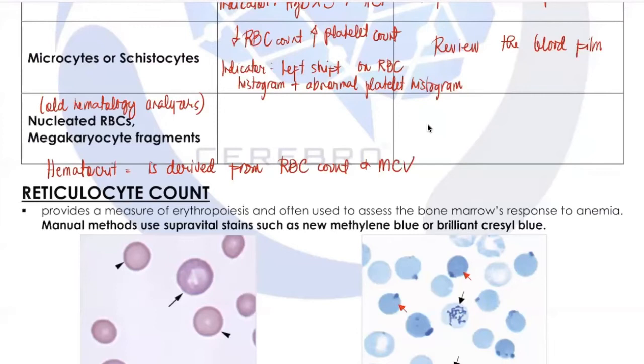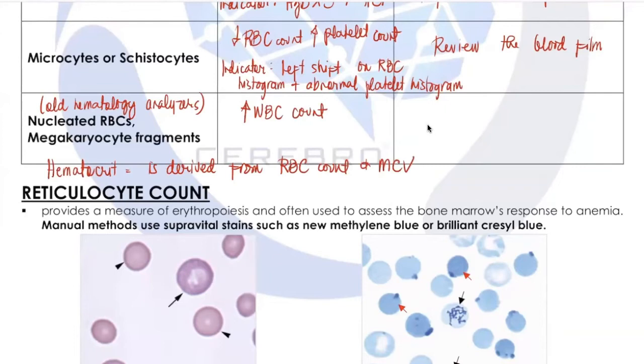But for old analyzers that are not capable of doing that, the presence of nucleated red blood cells and megakaryocyte fragments will result in an increase in your WBC count, for the very reason that these nucleated RBCs and megakaryocyte fragments are counted as white blood cells.